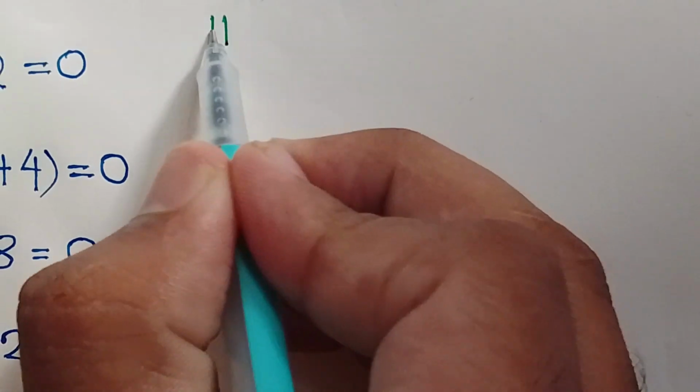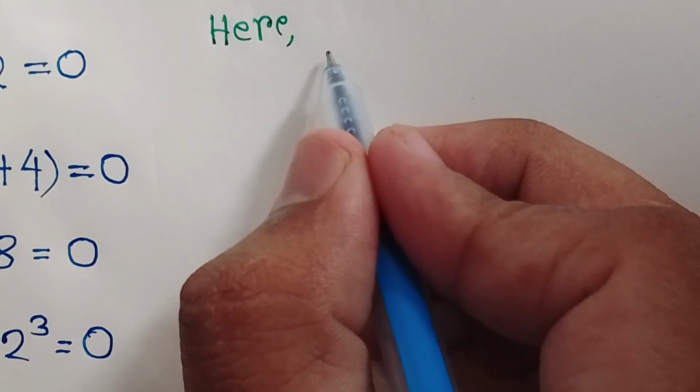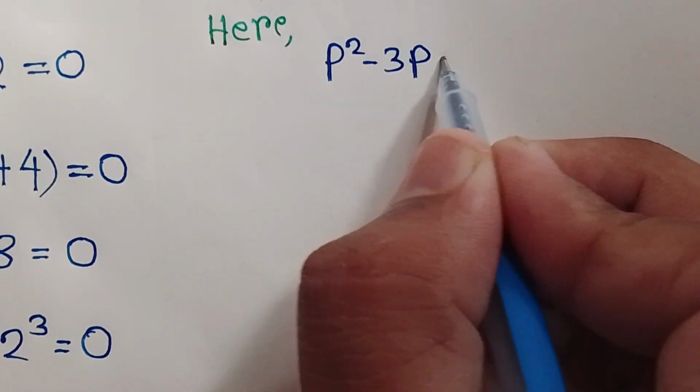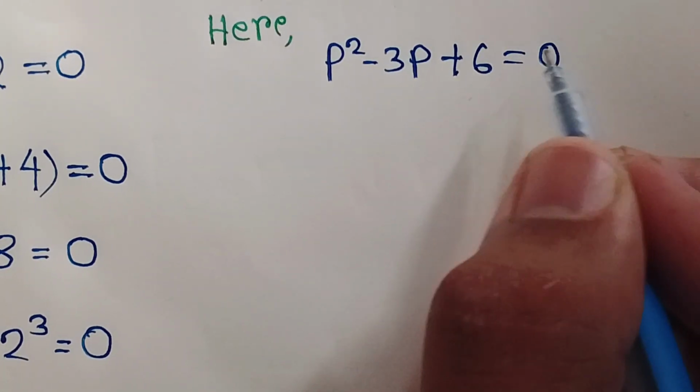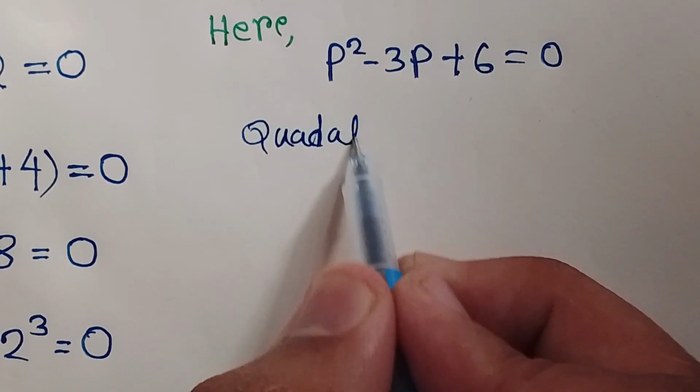Now here if you attentionally look, the equation was p square minus 3p plus 6 equal to 0. It is a quadratic equation.